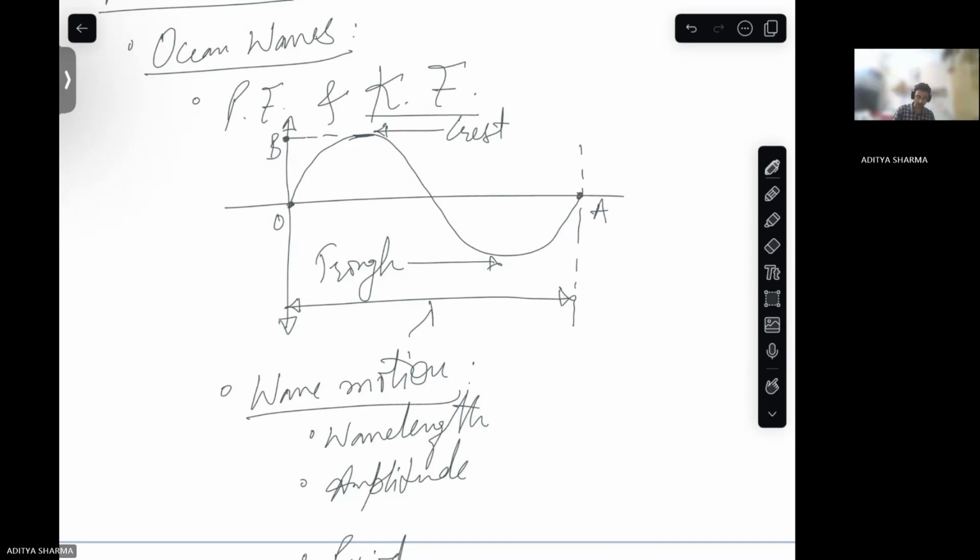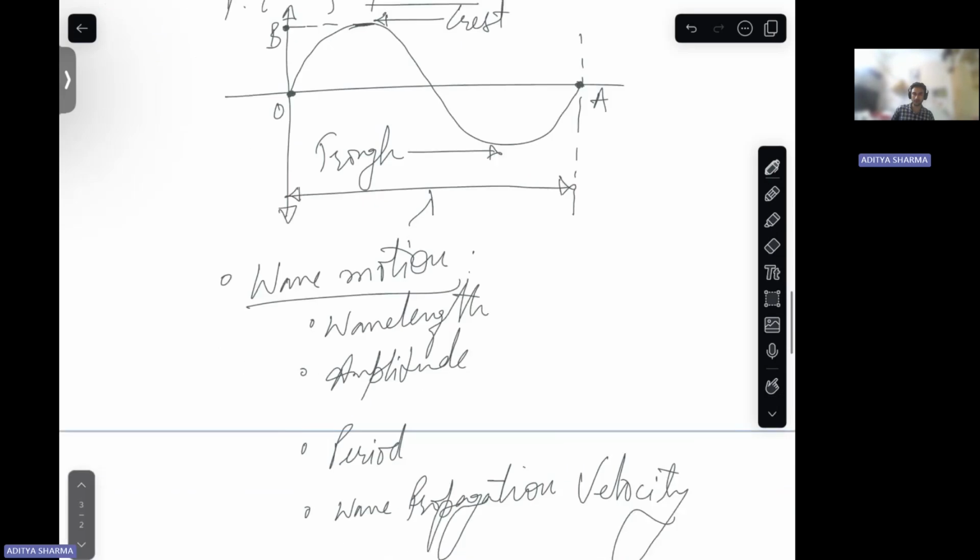And then it has to reach at point A. So the time it will take to reach there, that is the period, wave period.